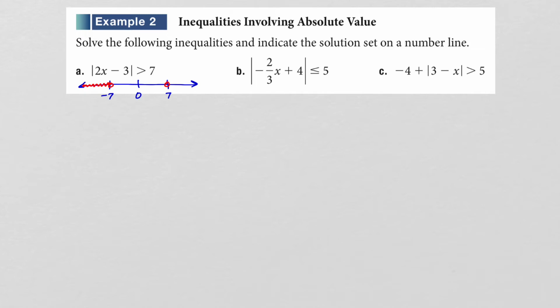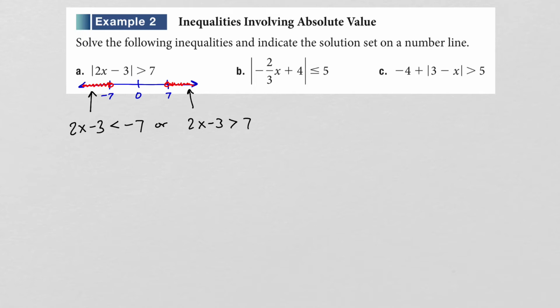And to be more than 7 units away to the right, the number would have to be out here. So it's either less than negative 7 or it's greater than positive 7. Now, when I say it, I'm referring to whatever is inside the absolute value. In this case, it's 2x minus 3. So either 2x minus 3 has to be less than negative 7, that's this part, or 2x minus 3 has to be greater than positive 7, which is this part.